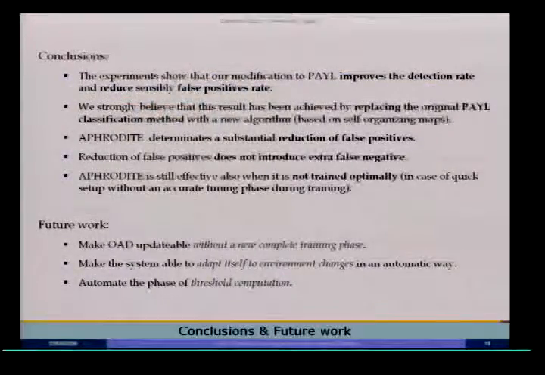What can we add to this? We have seen that our architecture is working, and now there are some open problems. We implemented Aphrodite in this way, with an anomaly detection system, because we wanted to reduce the workload of the IT personnel.